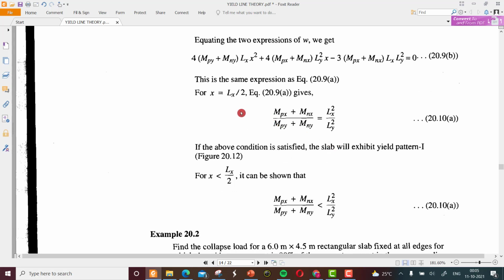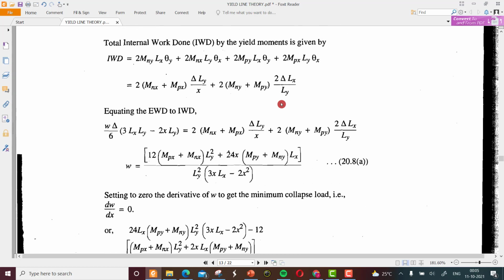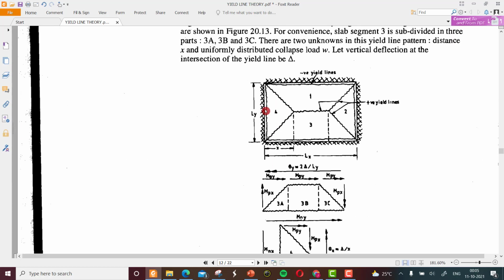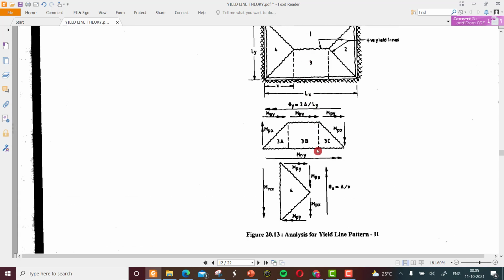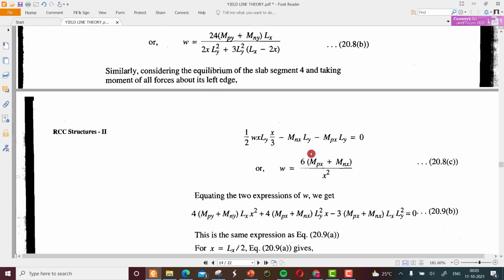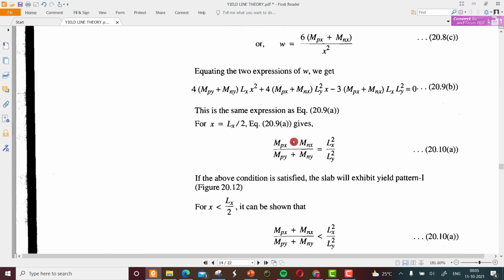And here we have x equal to lx by 2, where lx is the total length, so lx by 2 means the center point. That means it will be a division into four triangles, not equal four triangles. For that condition, like the previous one, we get an expression like this.